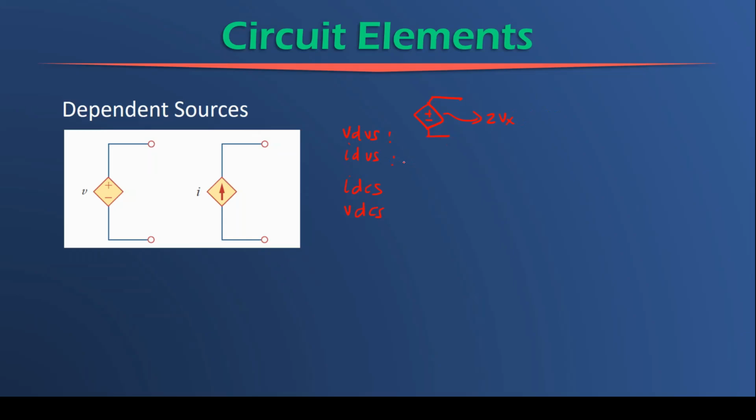A current dependent voltage source is a similar circuit where this value will no longer be 2Vx, but it will be dependent on some current in the circuit. So that would be 2Ix, for example.